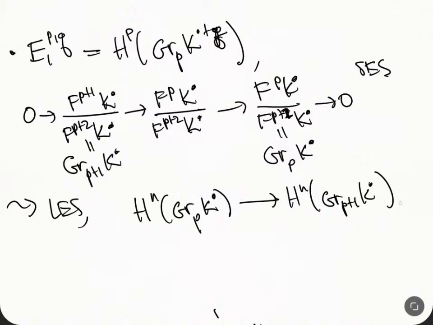Okay, so we have these short exact sequences. So now we have this information, and we may need to twist by Q, and we may need to do a little bit more. So what do we do?